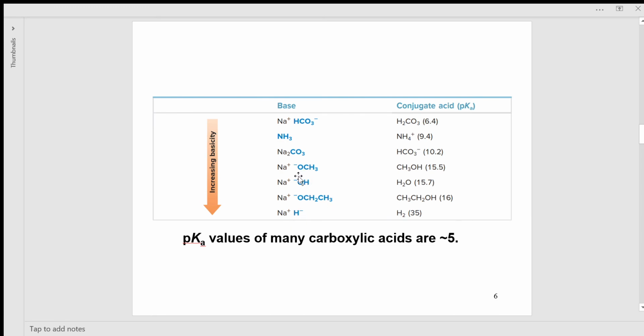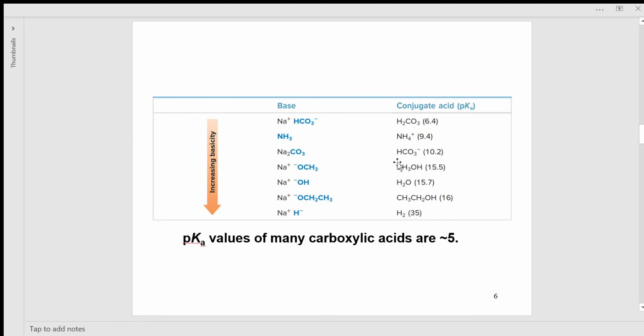Ethoxide or sodium hydroxide have a different pKa value. So from here and above, they are weak acids, but their conjugate bases are considered very strong bases, again, from water or from alcohol, pKa value around 16.